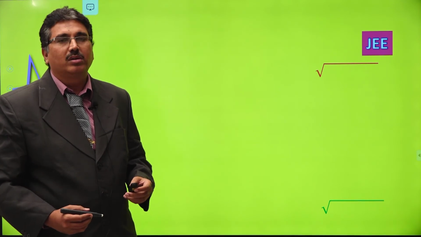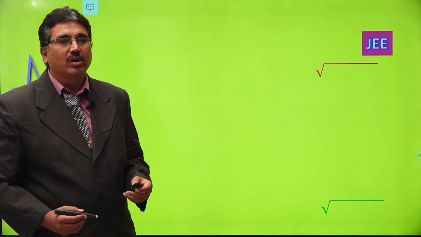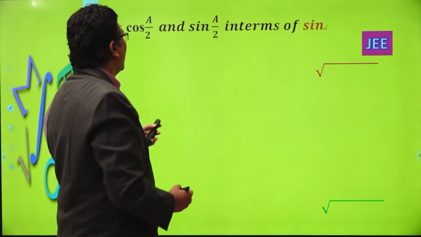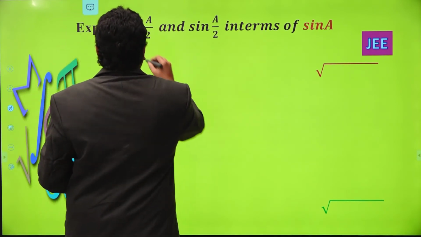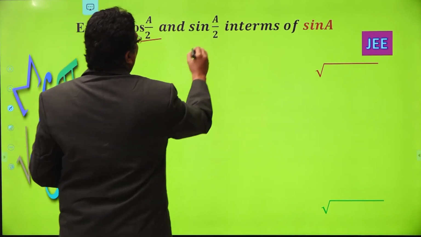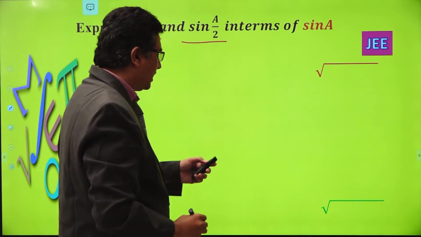Now, see how to express cos a by 2 and sin a by 2 in terms of sin a, right.